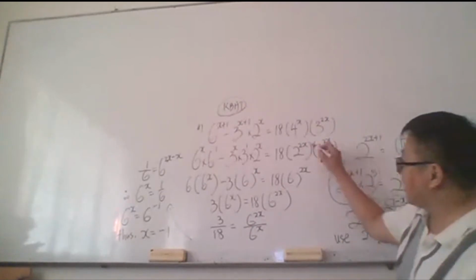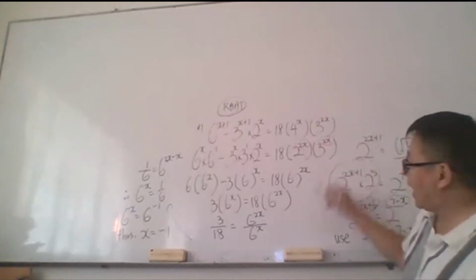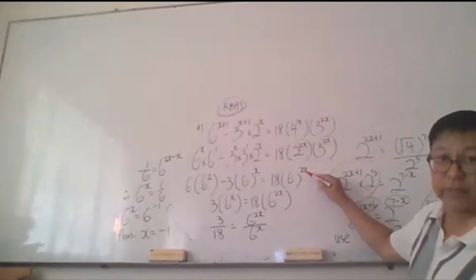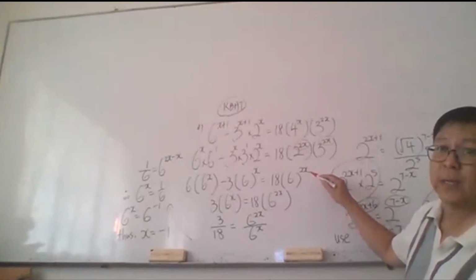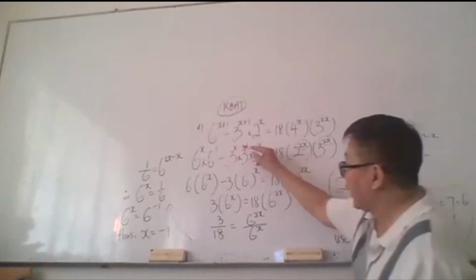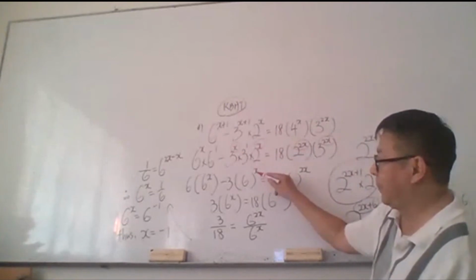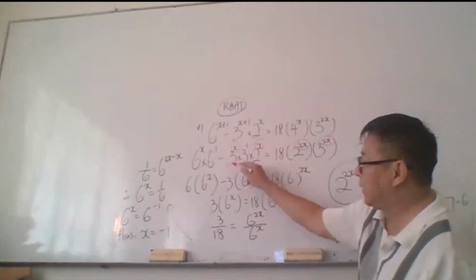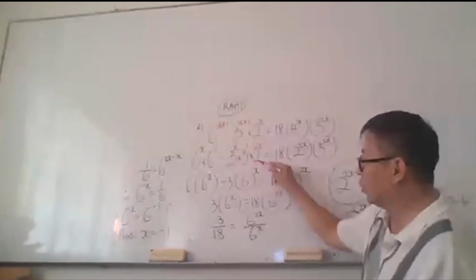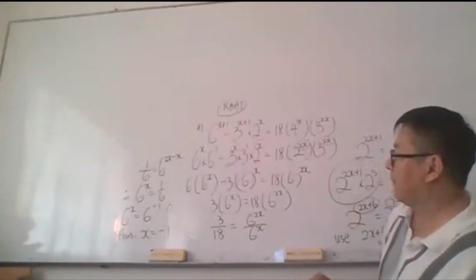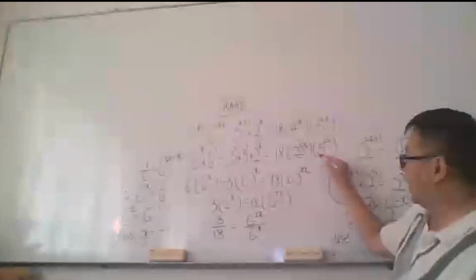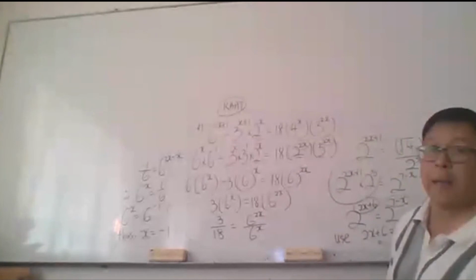Remember, if they are the same power, then you can just write one time. That's called common index. So like this is the same power, then I just write one time. So then the numbers 3 and 2 can multiply like this. 2 and 3 can multiply, become 6.